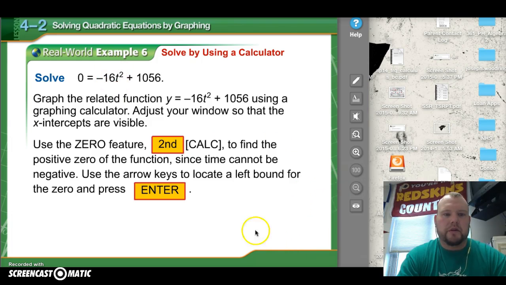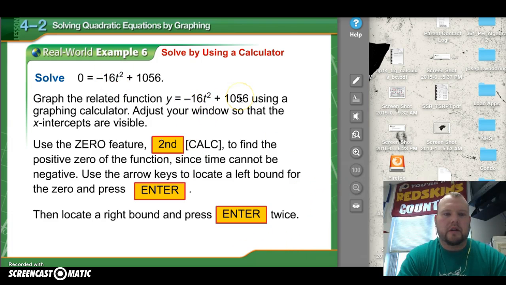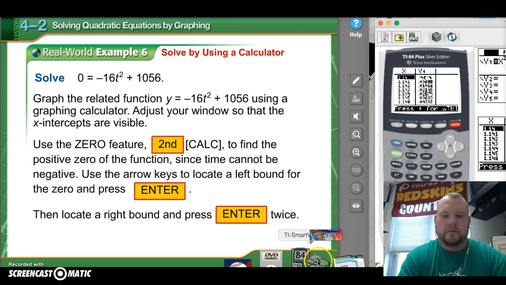What we're going to do is throw that function in our calculator, adjust our window so that the x-intercepts are visible. I know you'll probably be really sad about this, but I'm going to take my picture off the screen for a moment.